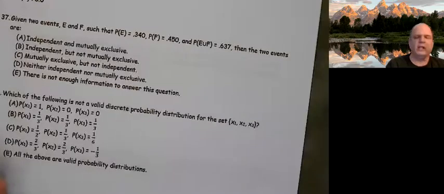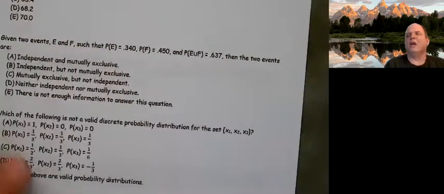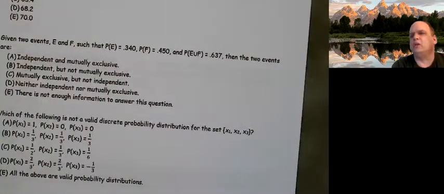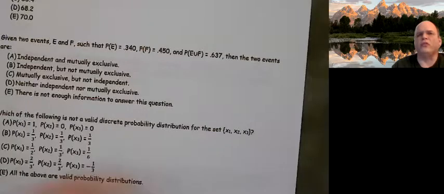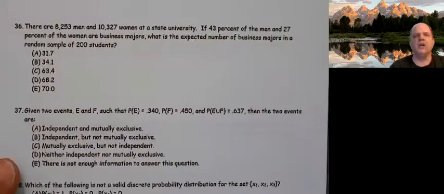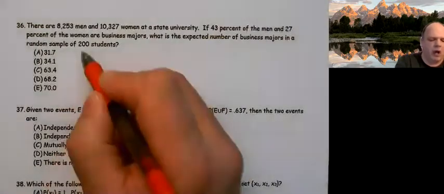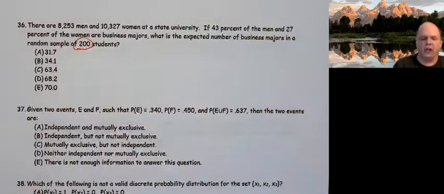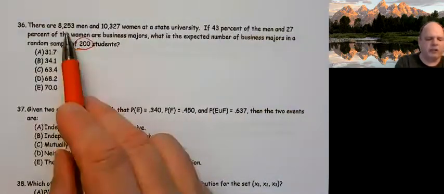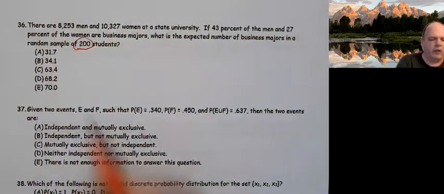All right, so looking at 36 on the packet, there are 8,253 men and 10,327 women at a state university. If 43% of the men and 27% of the women are business majors, what's the expected number of business majors in a random sample of 200? Basically, first off, we need to go, how many students are there at the university?